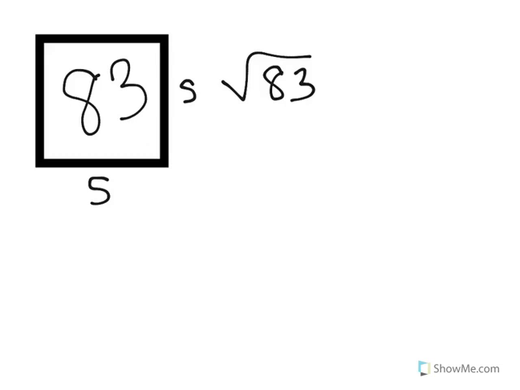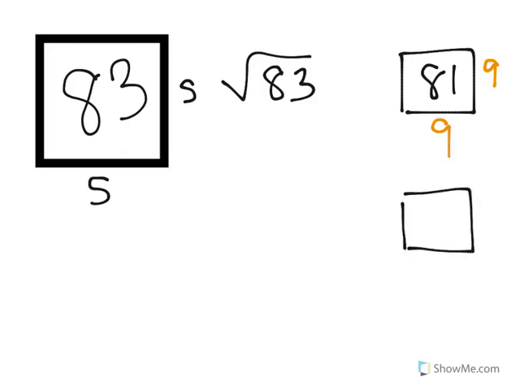Well, when we look at areas around it, the closest one beneath it is 81. And that has a side length of 9 and 9. The next larger one is 100. And that one has a side length of 10 and 10.